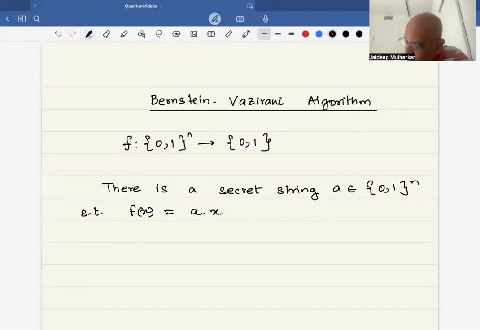Our goal is to call or query this function as few times as possible to find the string a.